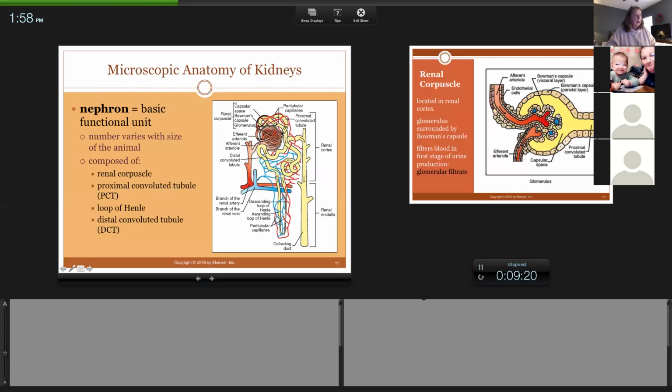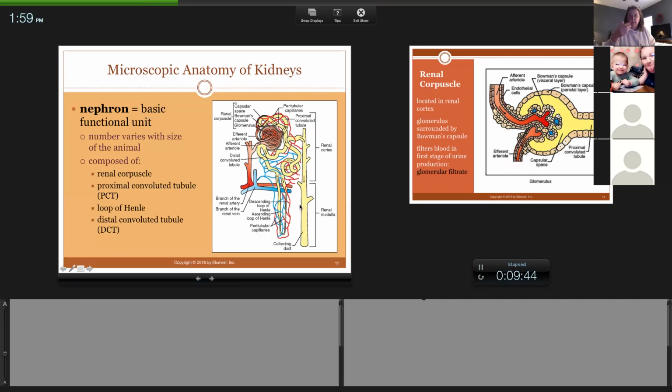After the filtrate, what gets pushed out of the blood, moves into the PCT, it's going to dip down into the loop of Henle, which is in the medulla. And then it's going to come back up to what's called the DCT, the distal convoluted tubule. As it moves through there, it's then going to enter what's called the collecting duct.